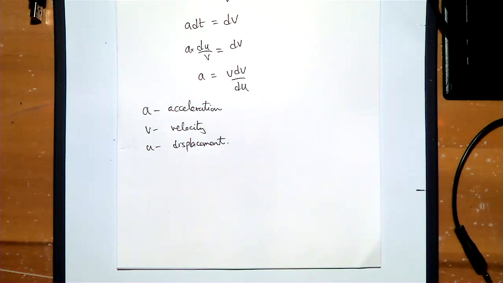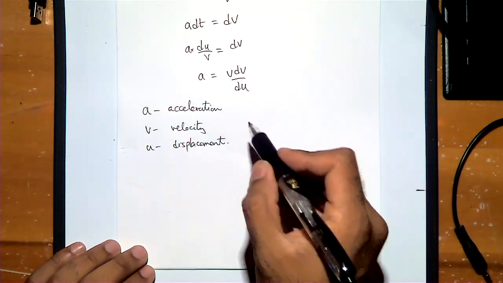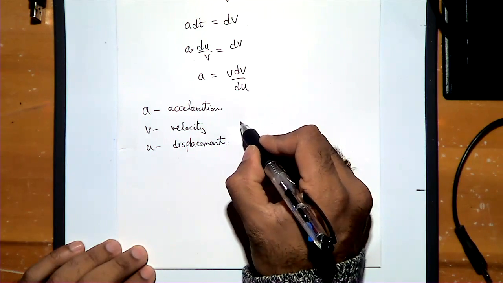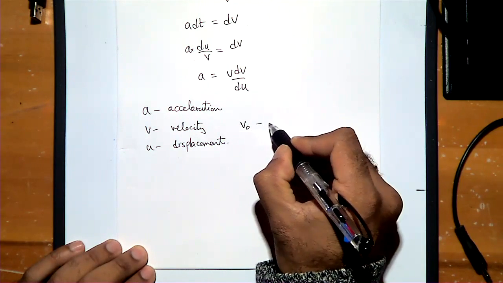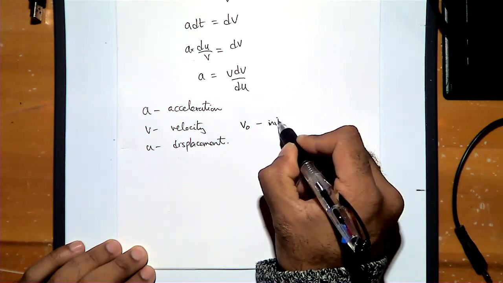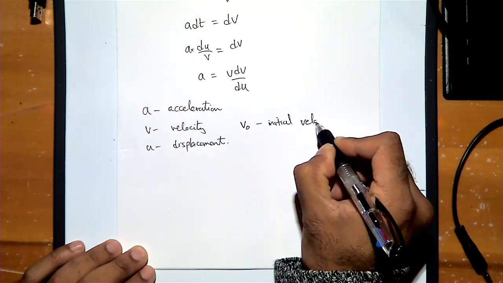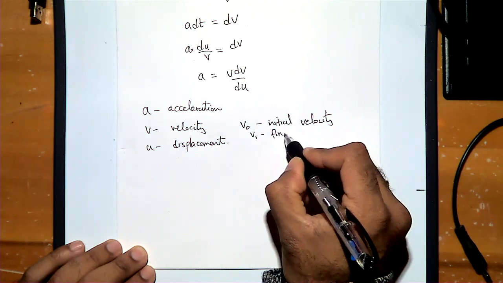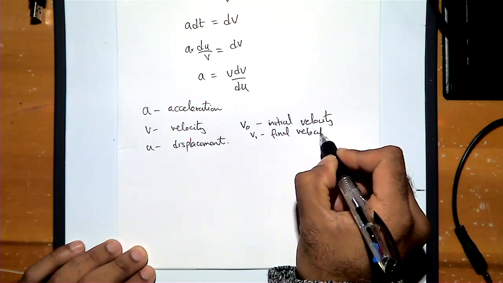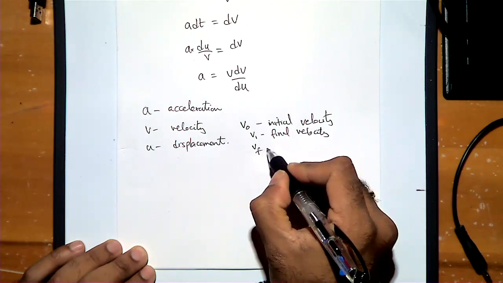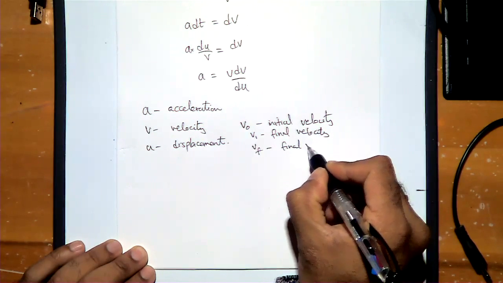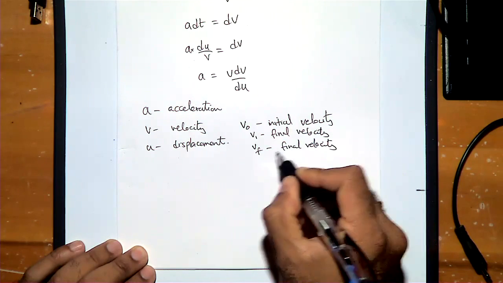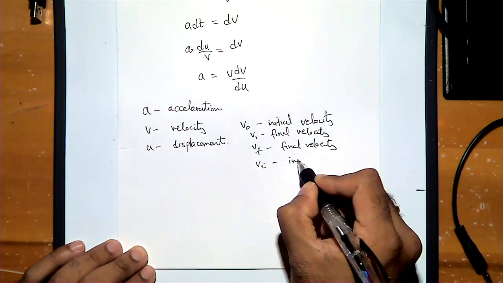You might say V0 is initial velocity and V1 is final velocity, and Vf could be final velocity, while Vi could be initial velocity.